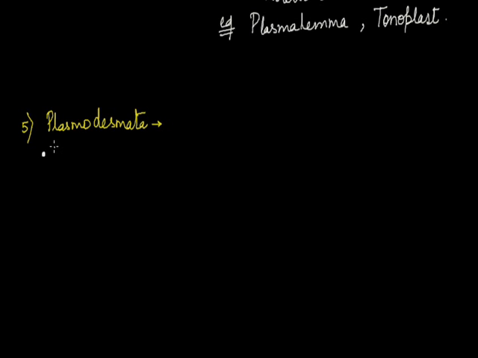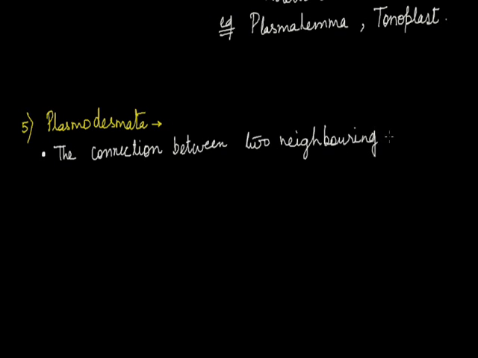It can be defined as the connection between two neighboring plant cells. These plasmodesmata allow the chemical connection or chemical communication between two cells.